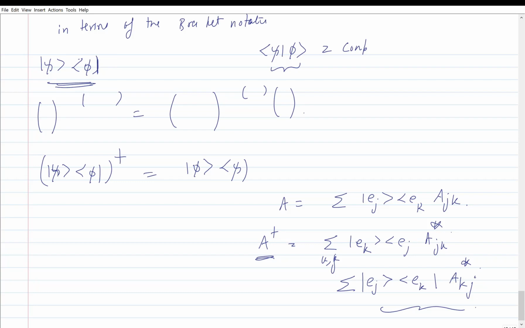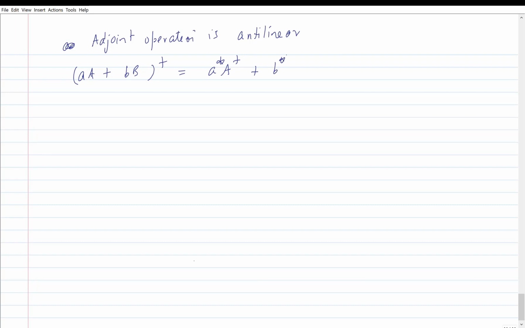So the other property of the Hermitian conjugate, transpose or the adjoint operator is that it's antilinear. So if I have, the adjoint operation is antilinear. This gives me this guy.